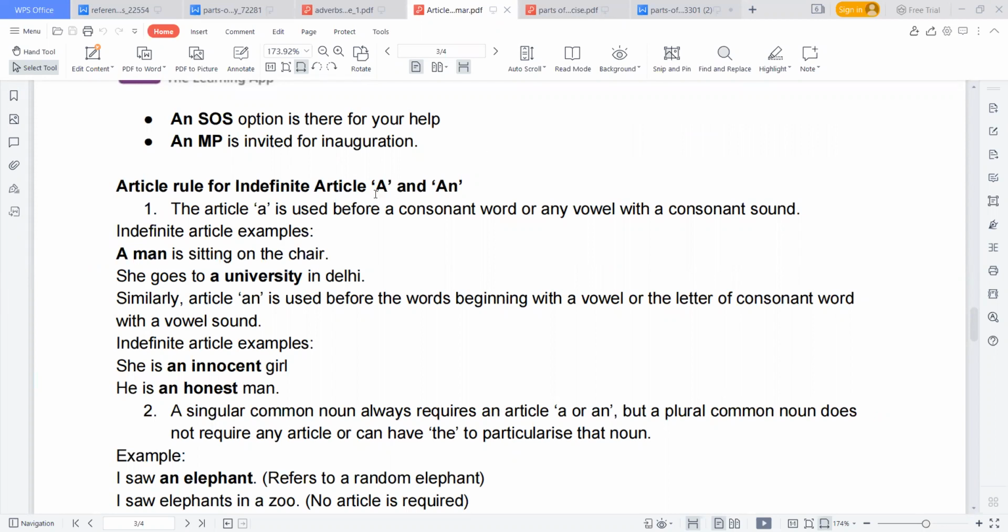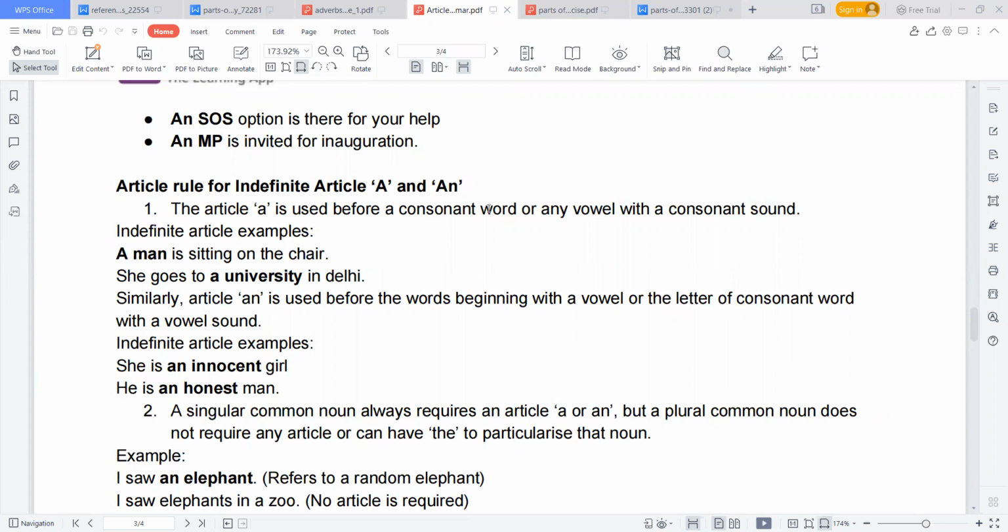If a and an are both used for nouns and adjectives, then what's the difference between the two? The first difference is that a is used with words that sound like consonants, and also with words that start with a vowel but have a consonant sound.